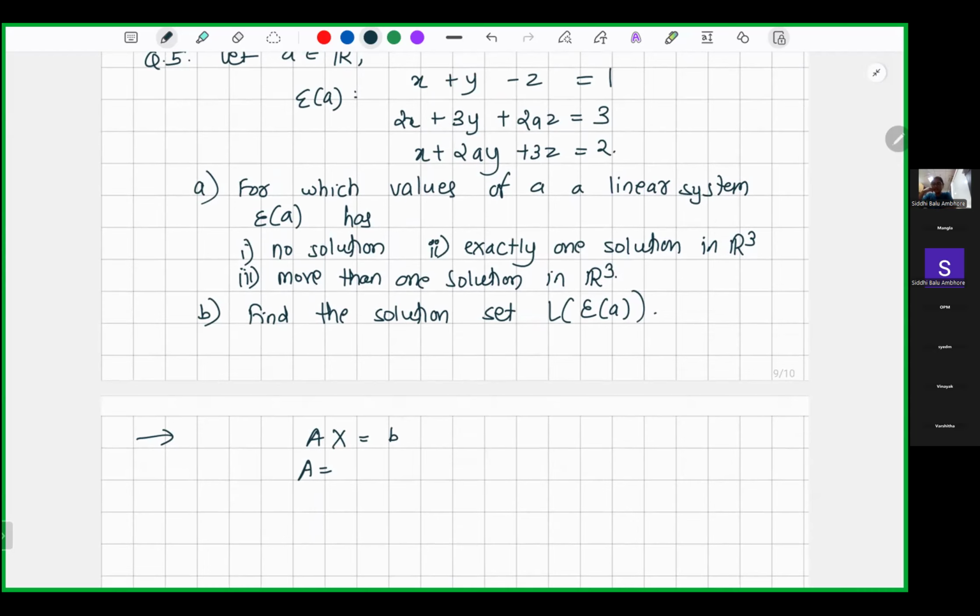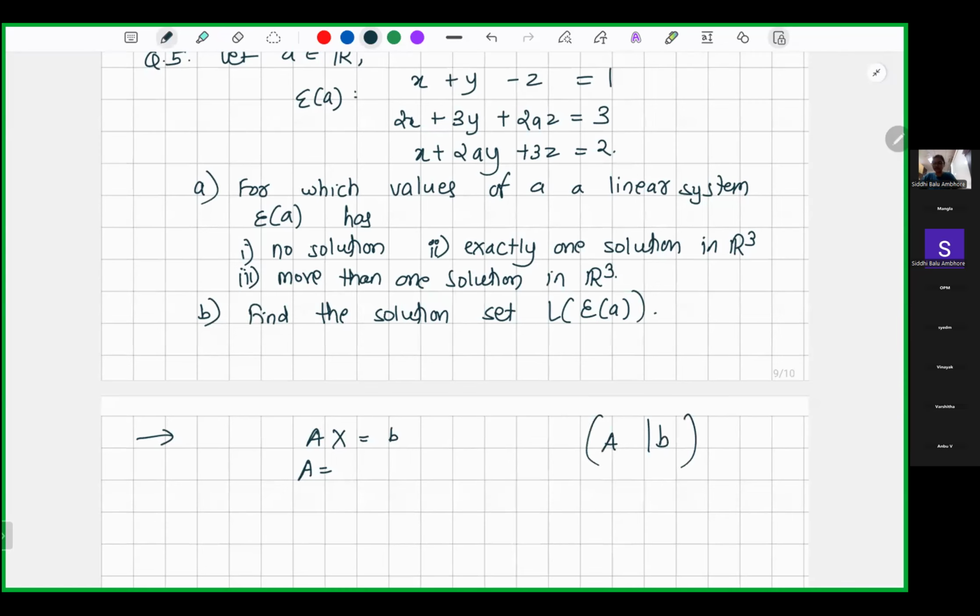We actually need to find the conditions on A. So what I'm saying is, in this case, we actually have to go to row echelon form, the augmented matrix, and see how A behaves there and what we get. I hope you know what augmented matrix is. So this matrix, and see how it looks.